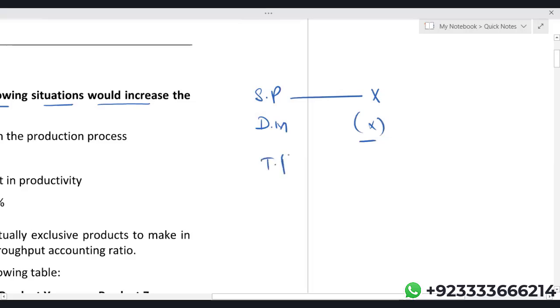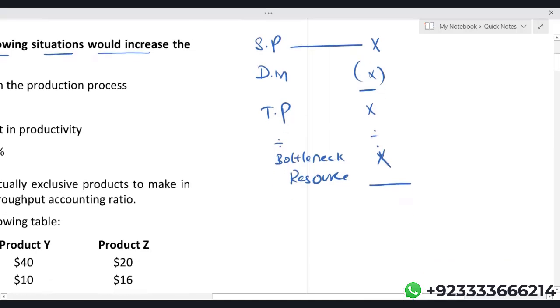We get throughput per unit. Then it is divided by the bottleneck resources required per unit. Then we get return per factory hour.